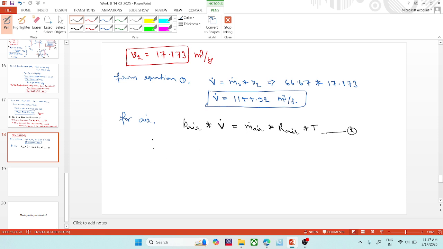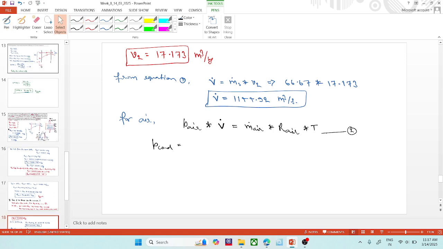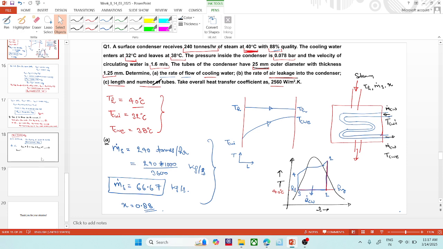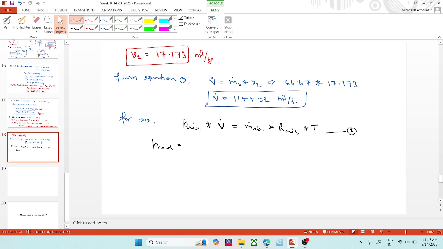The condenser pressure is given here as 0.078 bar.